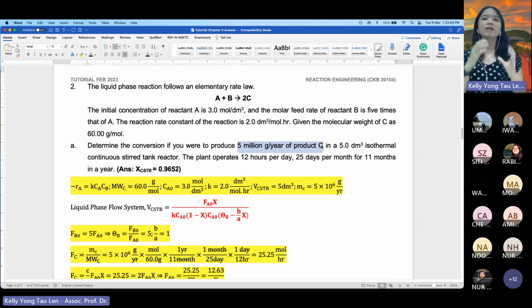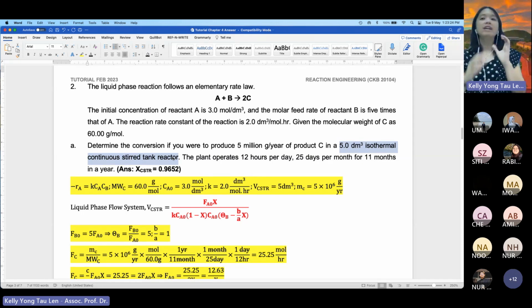Then reactor saya pula dah ada volume dia. Volume dia adalah 5 dm cube isothermal CSTR. Maksudnya katakan sekarang kamu buka plant kamu ada satu reaktor, satu CSTR, 5 dm cube. Kamu nak tahu berapa conversion yang saya mesti capai dalam reaktor saya kalau at the end of the year I must produce 5 million gram of that product C.